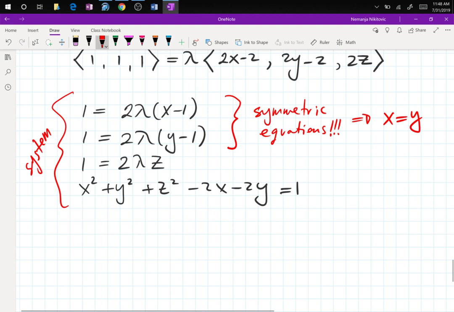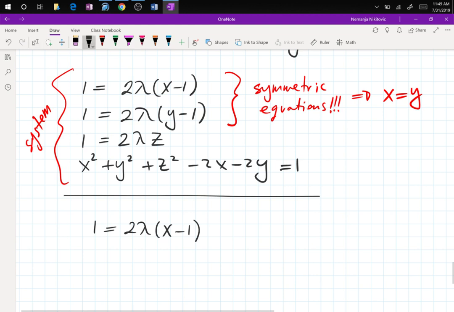So now you can just eliminate, let's say, all y's, and you rewrite your system replacing every y with x. So the first equation survives, 2 lambda x minus y, x minus 1. The second equation, you're replacing y with x, and it's the same as the first equation, so we don't have to write it. 1 equals 2 lambda z.